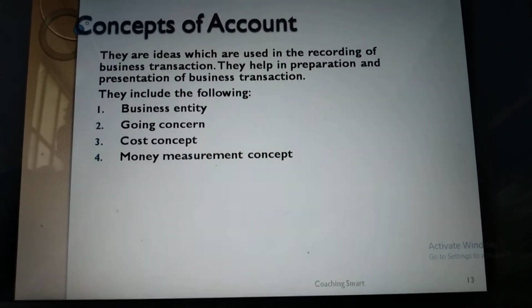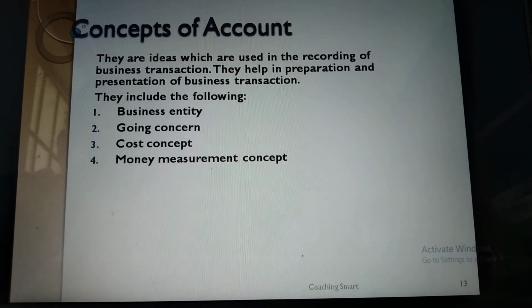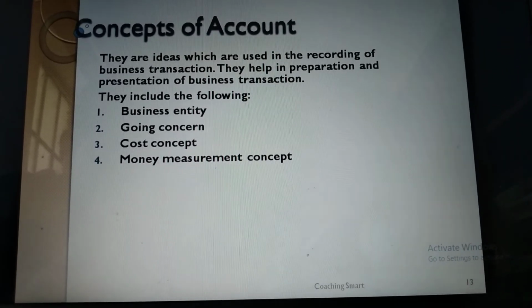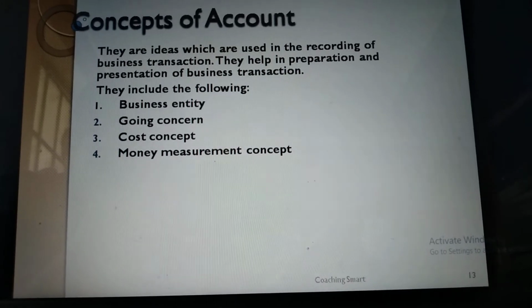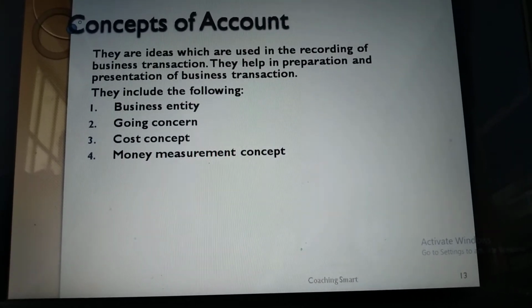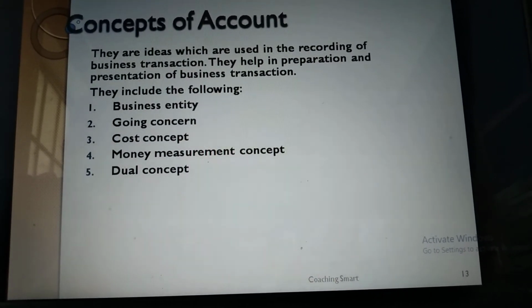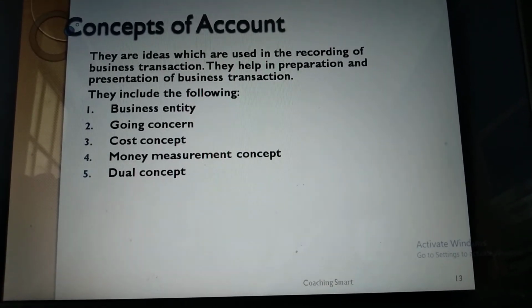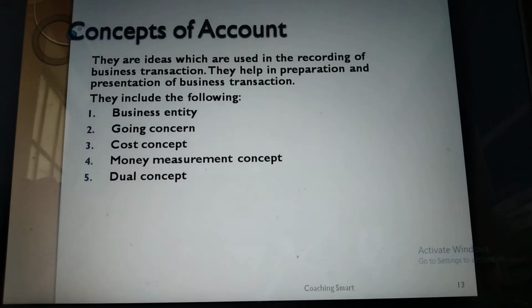4. Money measurement concept. All business transactions must be measured in terms of money. No money, no business. 5. Dual concept. Dual concept states that whatever you debit, you must credit.